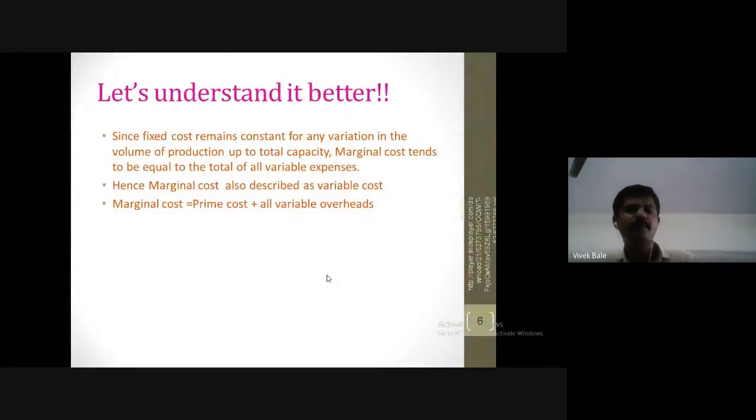In a simple way, I can say that marginal cost, or variable cost, is equal to the total of direct material, direct labor, direct expenses, which is known as prime cost, plus all the variable overheads. See here, variable overheads, because they vary as per the change in volume, and therefore the total of prime cost plus all the variable overheads is considered as marginal cost.